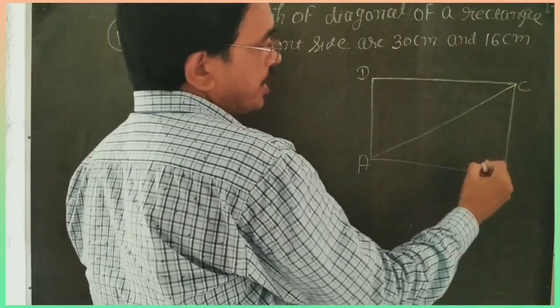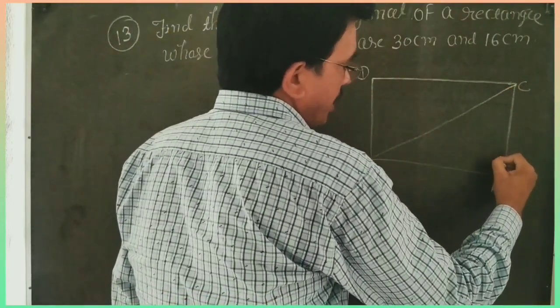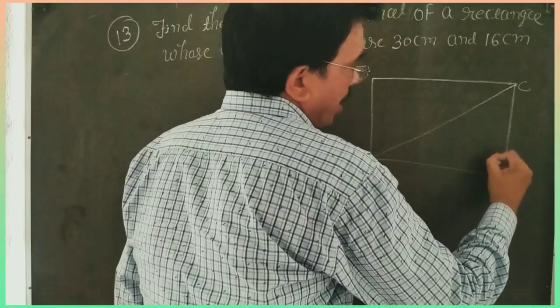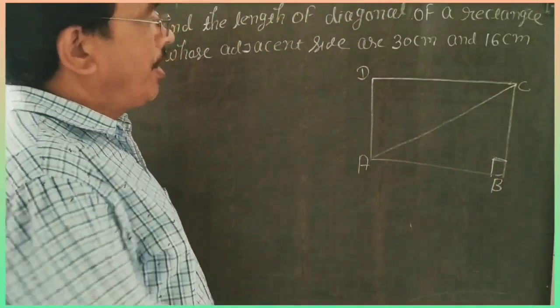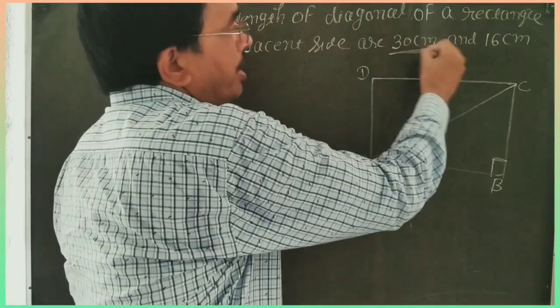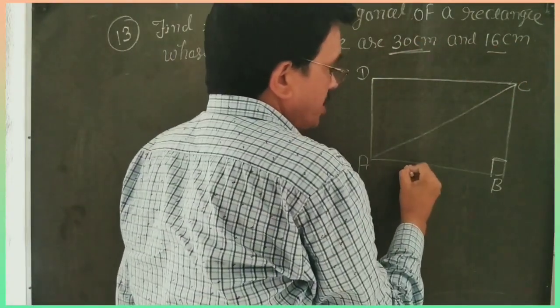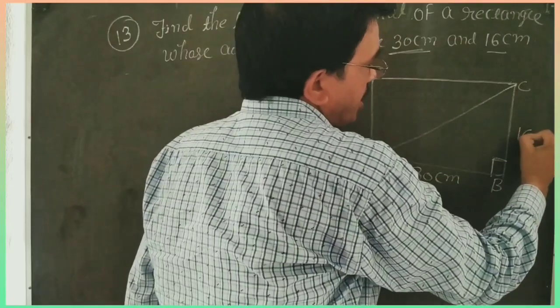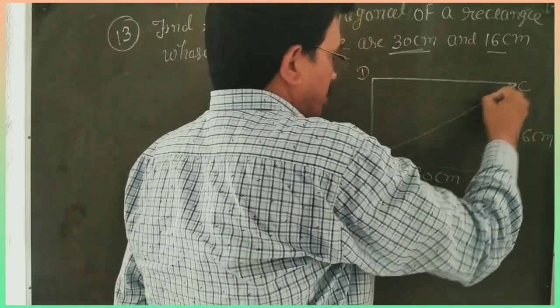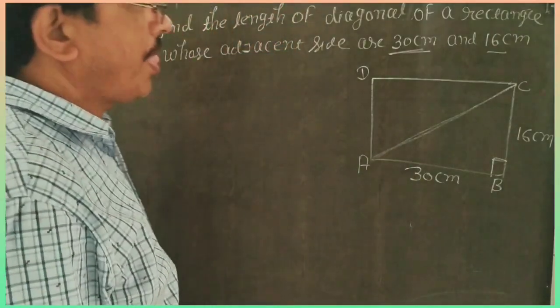The other diagonal is BD, but we draw only AC because both diagonals have equal length. Now it is given that its adjacent sides are 30 and 16. So one side is 30 cm and the other is 16 cm. So your question is what is AC?